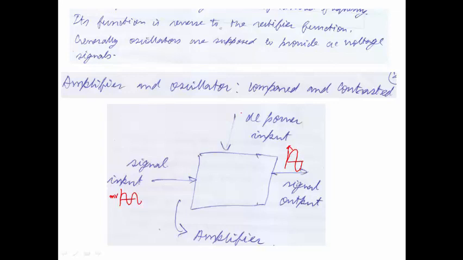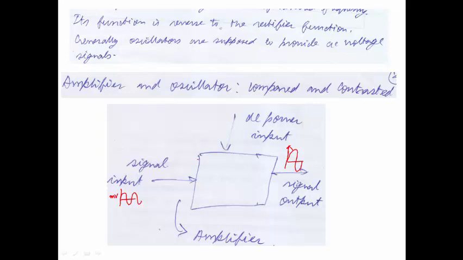we try to have additional power which is generated by a corresponding DC power supply, that is DC power input. So this DC power input acts as a source to provide additional power to the input signal.